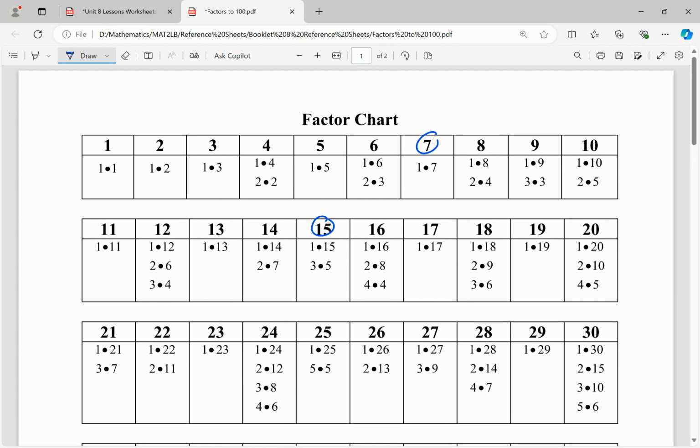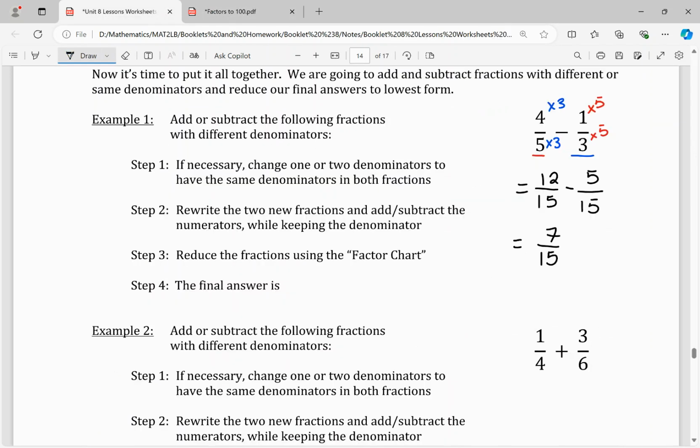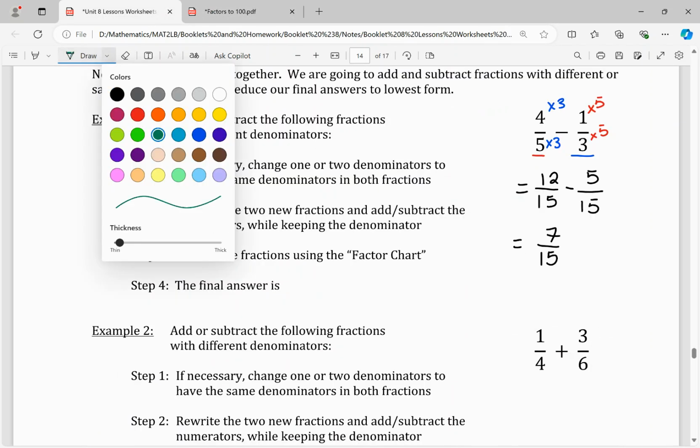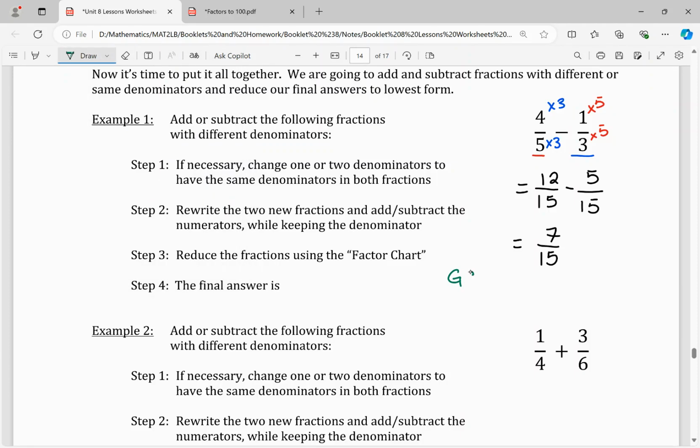The largest number that they have in common is just 1, right? So remember from the previous lesson that if the greatest common factor is 1, then that means that it is already simplified. So we're good. Final answer, 7 over 15.